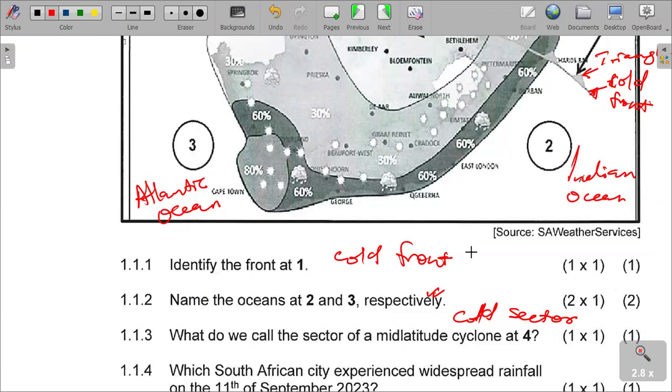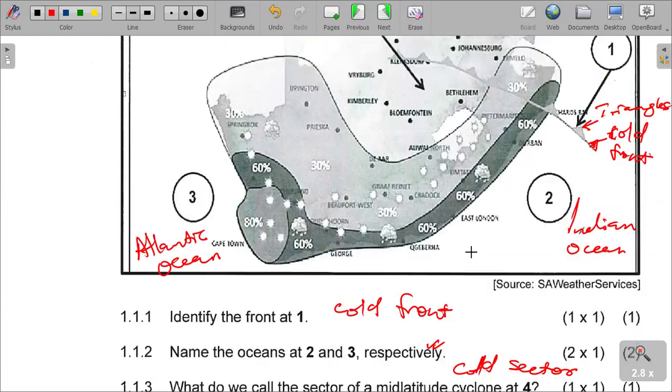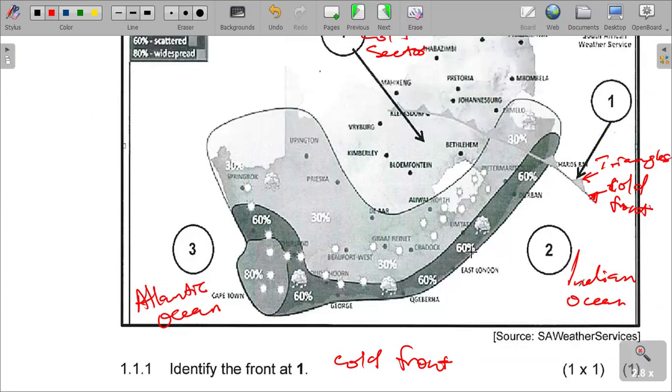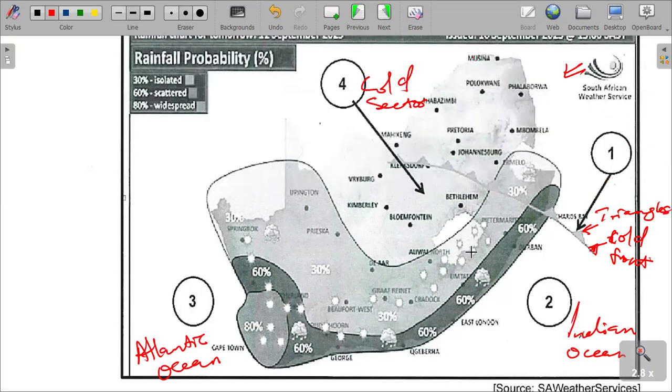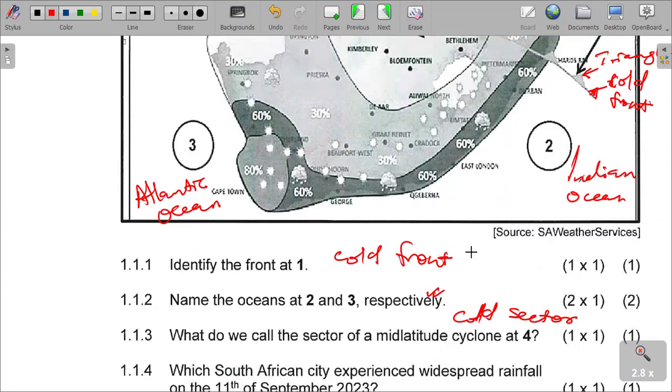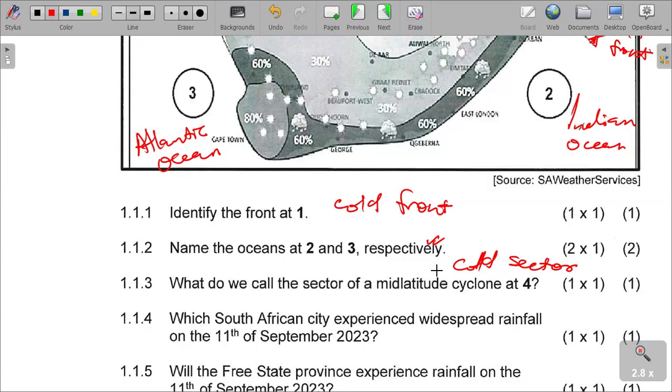You have to look at the percentages of rainfall. You can see that by Cape Town there, we have got 80% rainfall. So it is Cape Town.